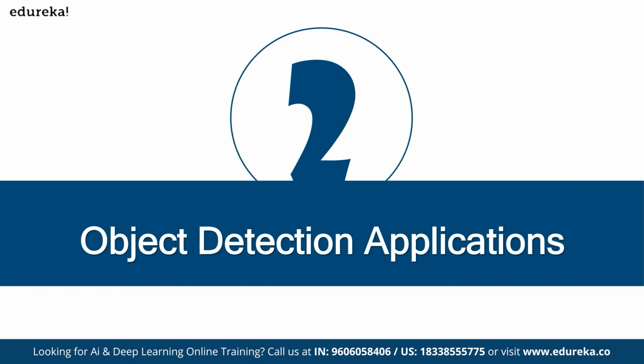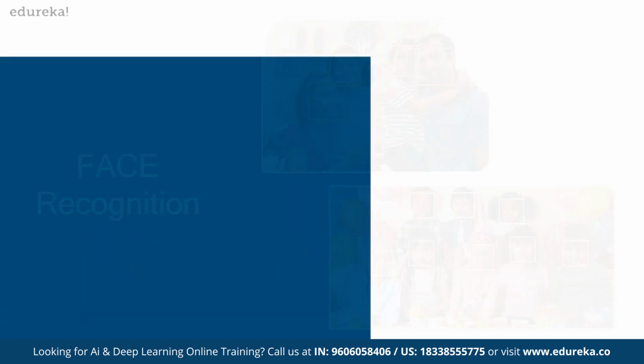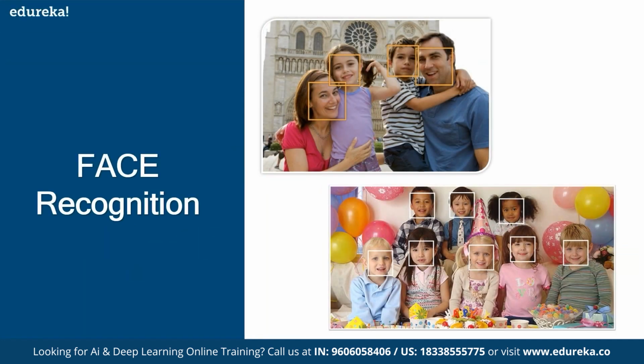Now where do we see this application of object detection? One common application is face recognition. I hope everyone has experienced this. If you upload any photograph into your Facebook, it not only identifies who is present in that image, it also identifies where that person's face is present.